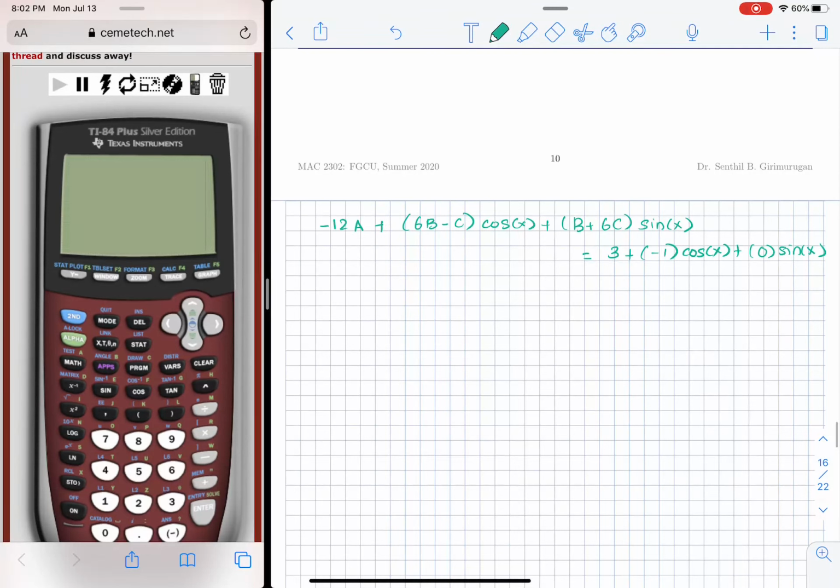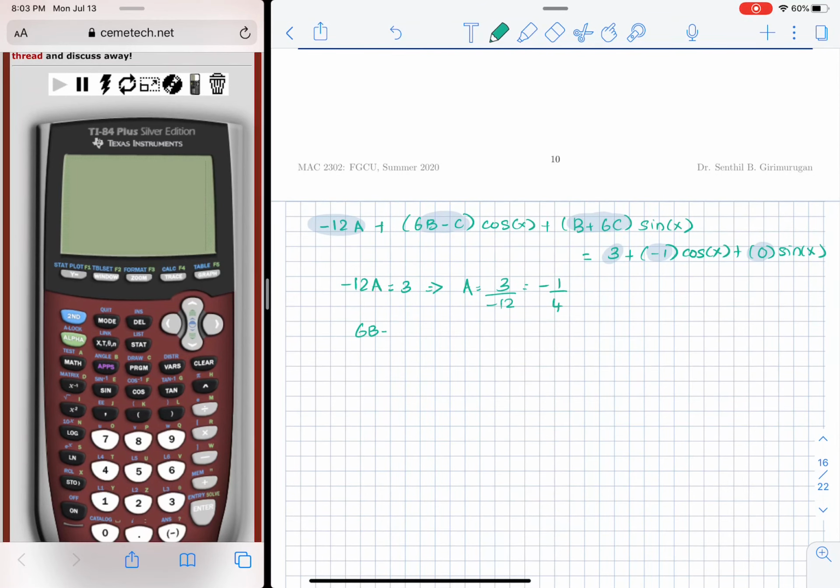So by direct comparison, minus 12a is 3, 6b minus c is minus 1, b plus 6c is 0. Minus 12a is 3, which would imply a is 3 over negative 12, which is negative 1 over 4. Now, naturally, this would mean b is negative 6c.